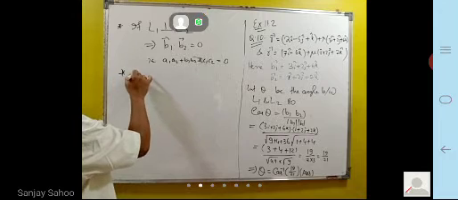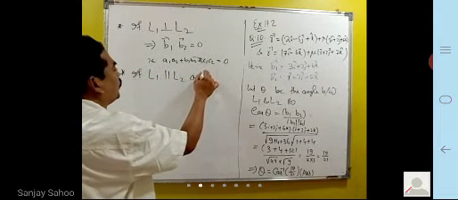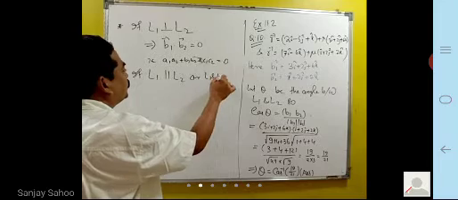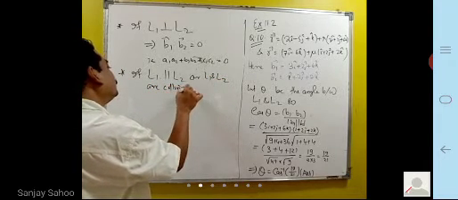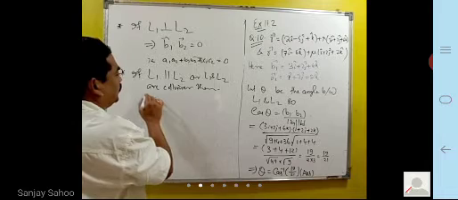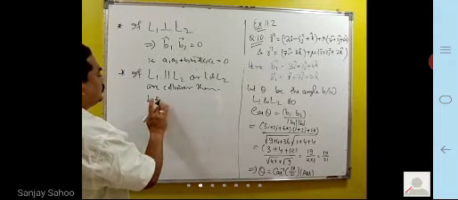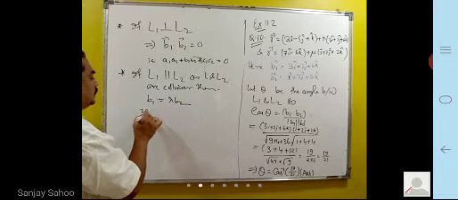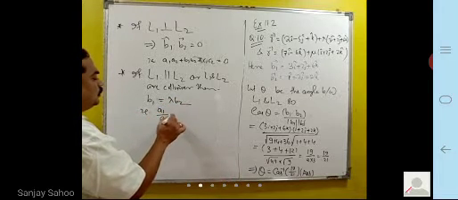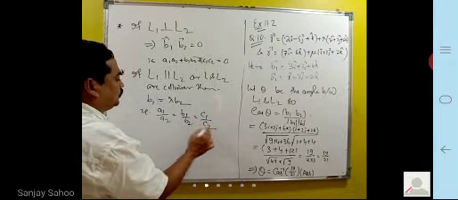Second condition, if L1 is parallel to L2, or L1 and L2 are collinear, then B1 can be expressed as lambda times B2, that is A1 by A2 equals B1 by B2 equals C1 by C2.